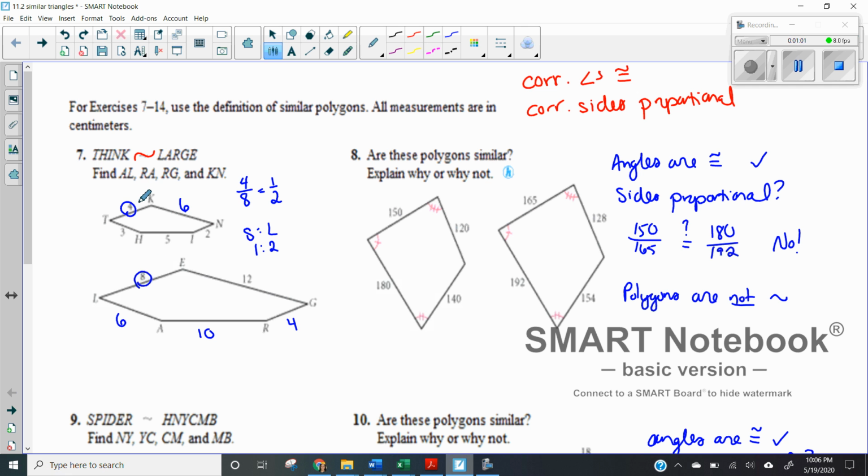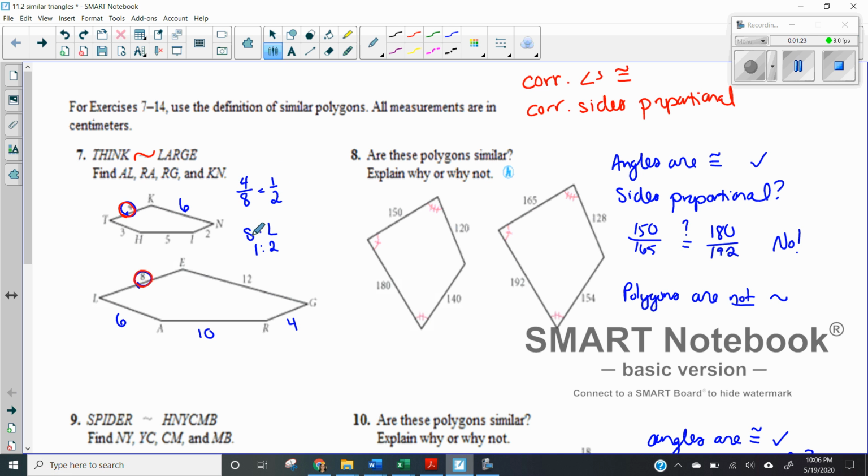Okay, so number 7, they tell you these polygons are similar. The first thing you need to look for, you can see what I've circled here, are two corresponding sides for which we already have their lengths. So we've got 4 and 8. That's what I used as my kind of ratio between all of the sides. If it helps, you can reduce that to 1/2. I thought that actually for this problem made it a little bit easier to work with.